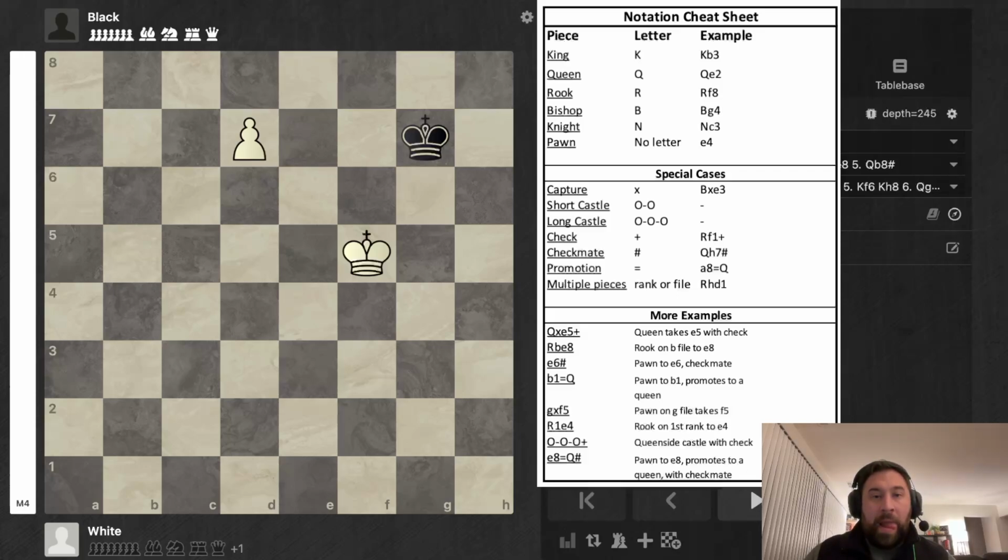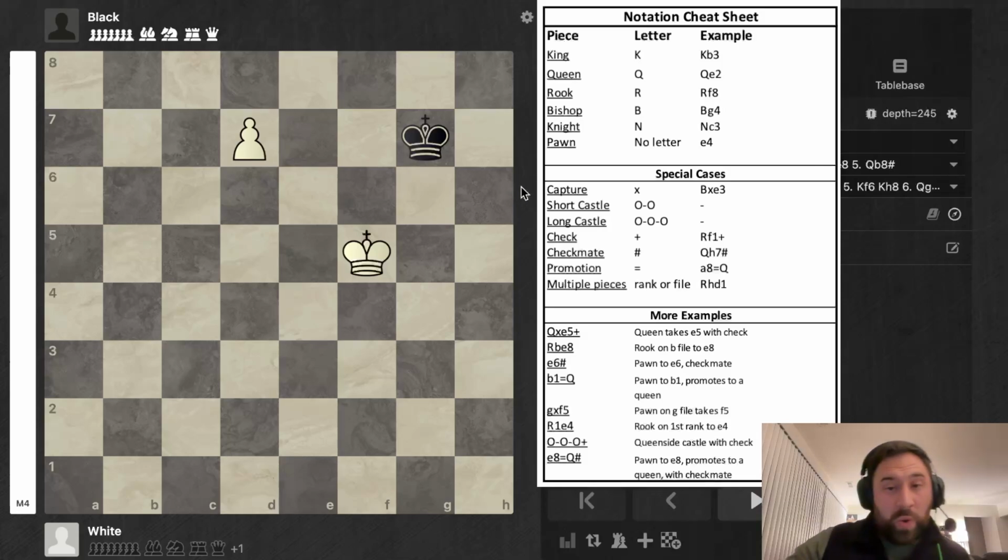All right. Now, we talked a little bit about this one in our example earlier, when a pawn takes a pawn. So the next one, we have GXF5. Again, it sounds like a mouthful, but in this case, we're saying the pawn on the G file takes F5.